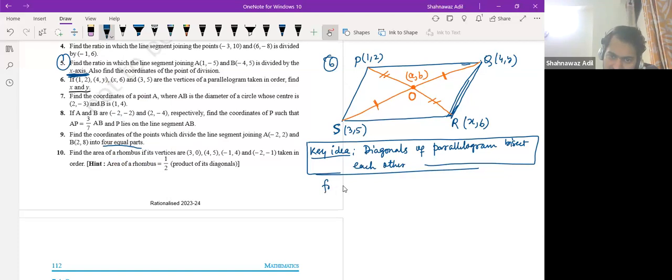Amira, you tell me what would be a? That is the midpoint, so (a, b) is the coordinate of the midpoint. From SQ, your x1 is 3, x2 is 4. So what would be the value?